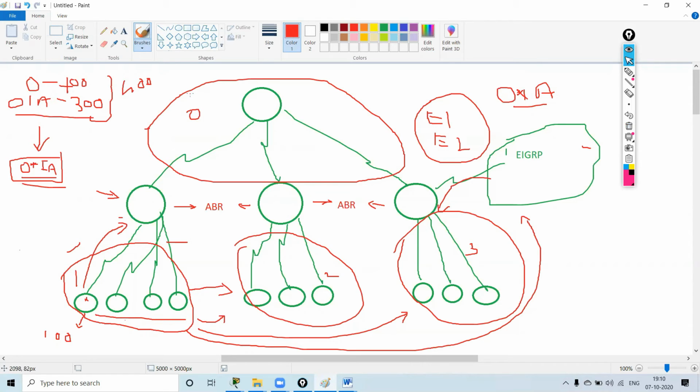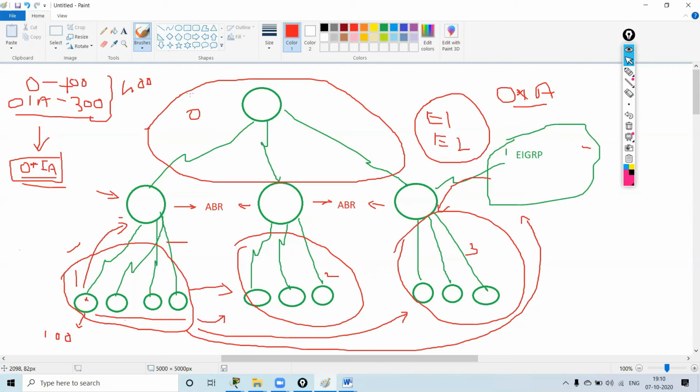Understood? Where will you run OSPF stub? On the router where EIGRP is, or the ABR on the left or right corner? On the ABR? No, sorry, not on the ABR.